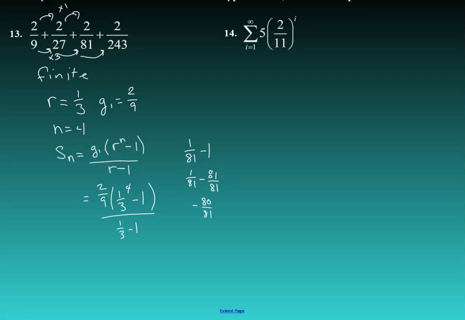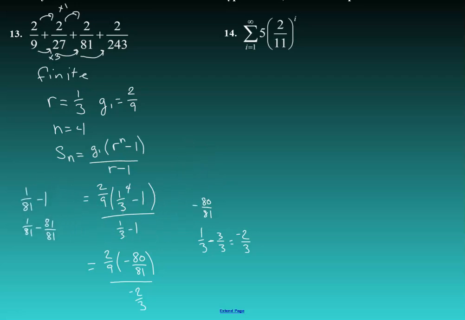That's side work that doesn't need to be added into our thing here. So we have 2 over 9 times negative 80 over 81 over, same idea with the 1/3, so we have 1/3 minus 3/3, which is negative 2/3. Now I have run out of space, so let's stick this down here out of the way.